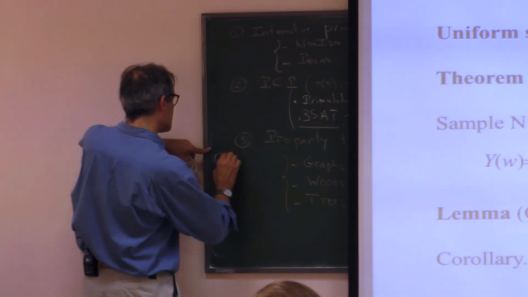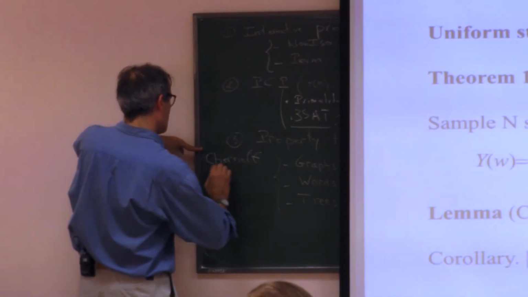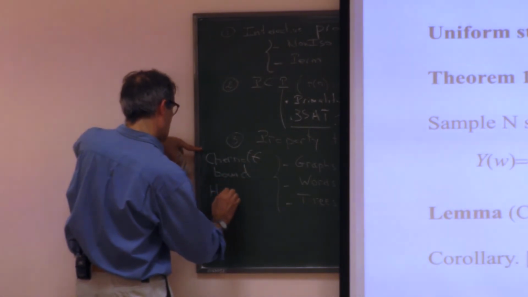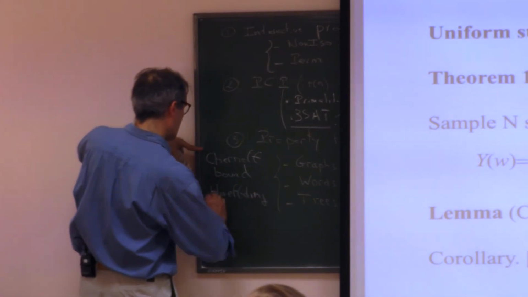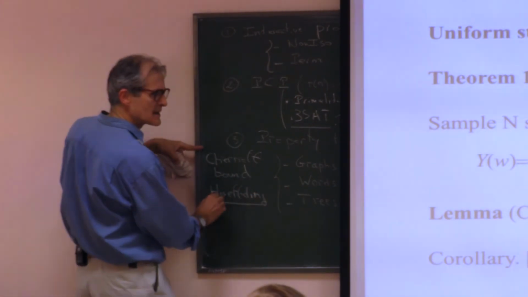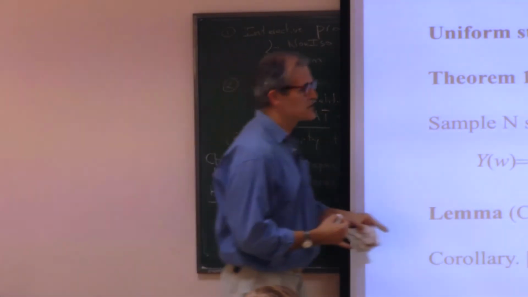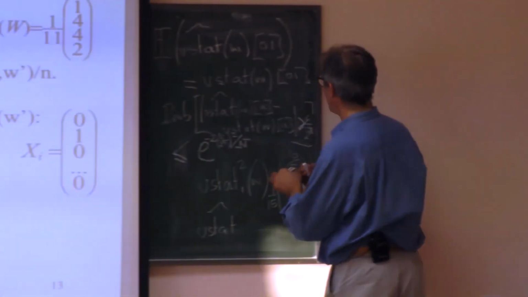Okay, so the basic one is the Chernoff bound, but here we're using the fact that the random variables are bounded, 0, 1, therefore you can get a better bound, which is called a Hoeffding bound. And here we're using a version where we're looking at absolute error.